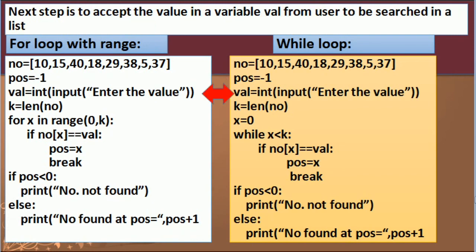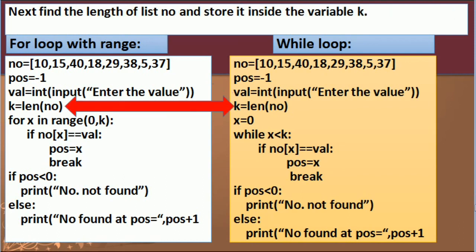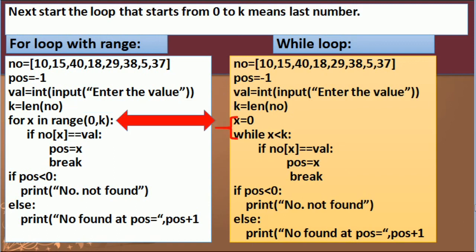Next, accept the number from the user. Next, store the length of a list. In both the cases it is the same. In a for loop, you don't need to declare x above: for x in range 0, k. But in the case of a while loop, you have to declare one variable that is going to store x equals to 0, then while x is less than k.